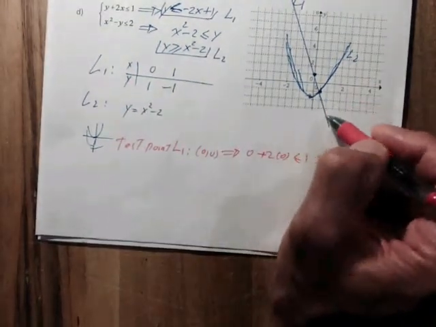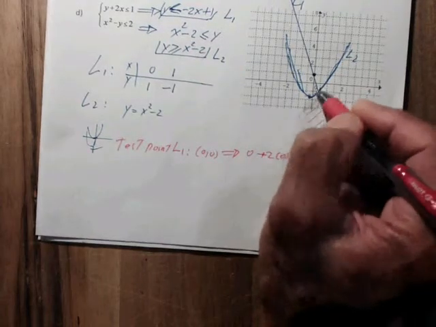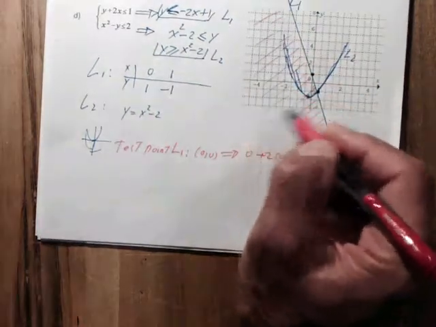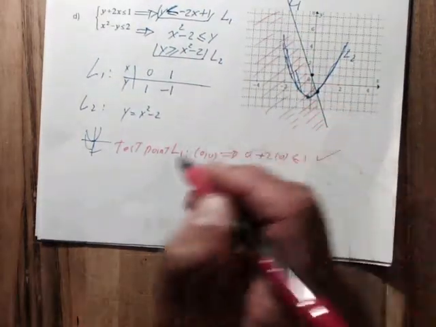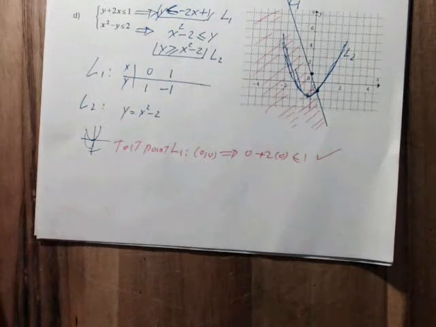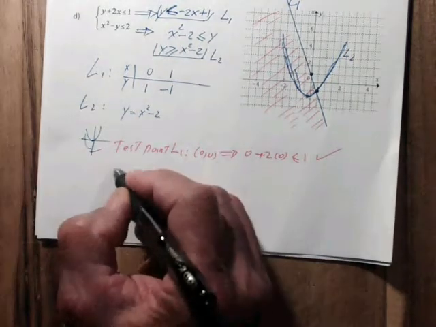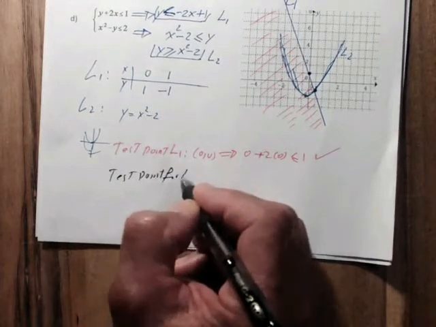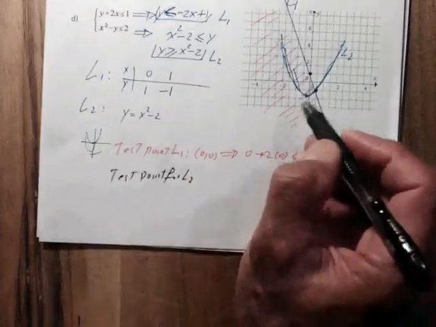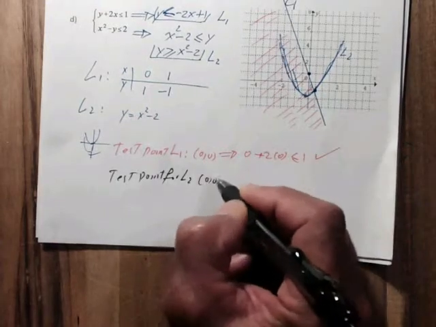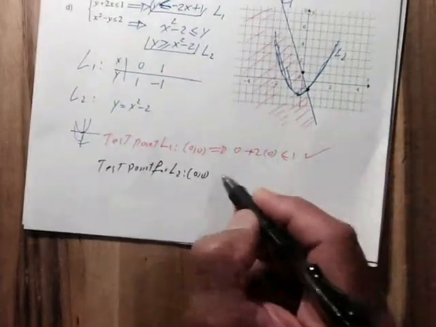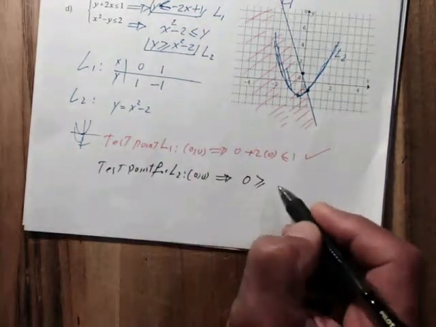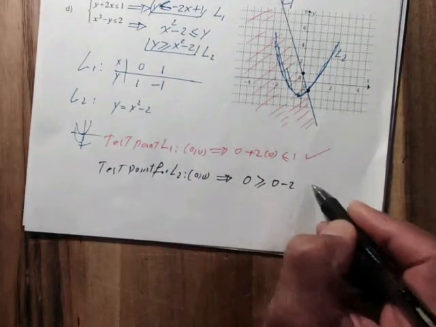So for the line, the side is to the left side. Okay. Now for L2, the test point is also 0, 0 because it's not on the other one either. So you put in the second one, 0 bigger than or equal to 0 minus 2, yes.